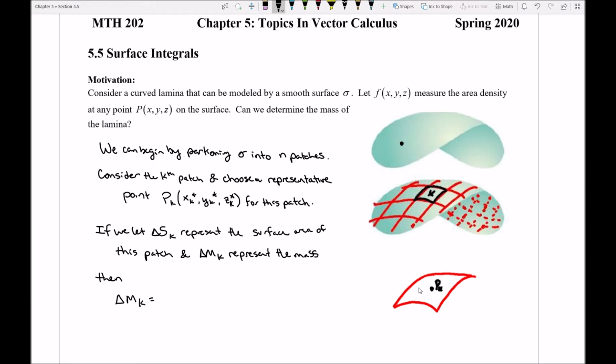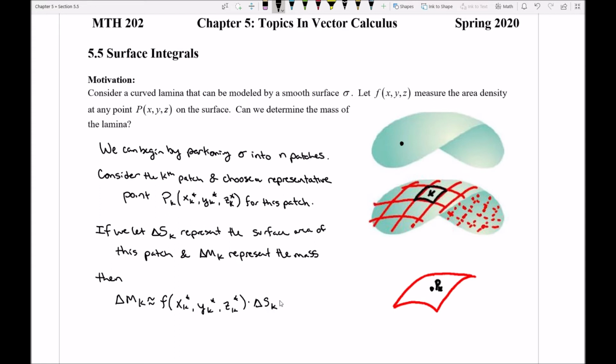Now, we would need to have the density for every point, and so we won't be able to actually find that, but we can use the density at this particular point as a rough approximation. And so, instead of saying that we're going to define exactly the mass, we'll say that the mass can be roughly equal to the function evaluated at our xk star, yk star, zk star, multiplied by our delta s sub k.